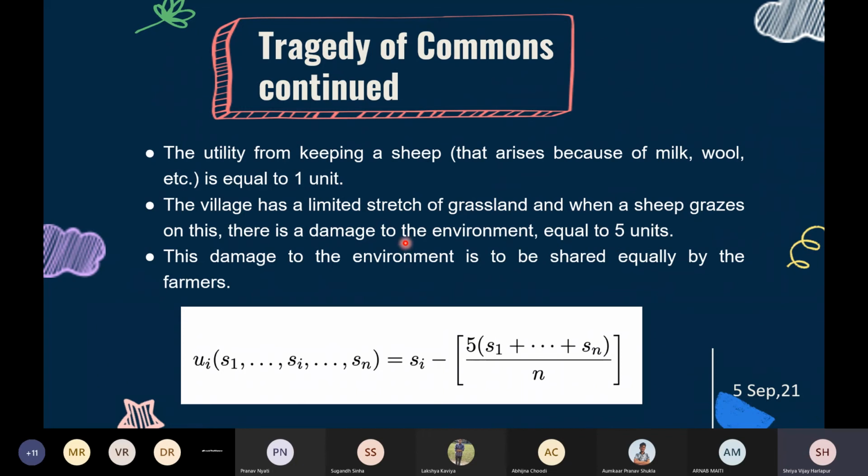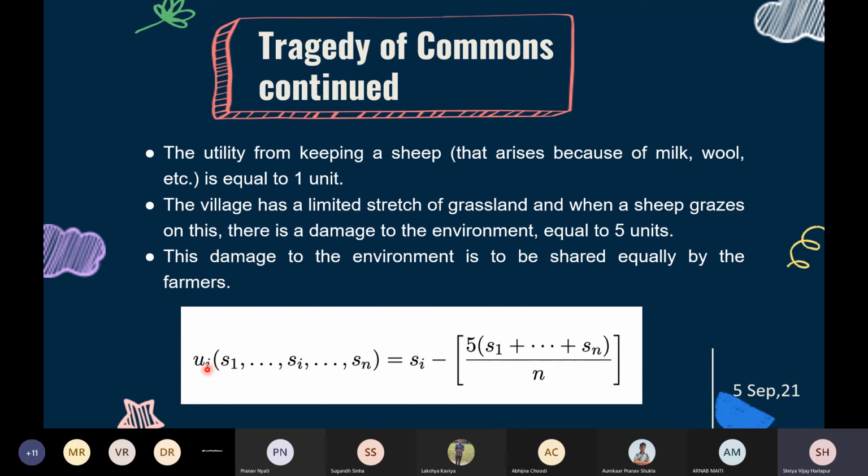There's all that soil erosion stuff that we studied in EVS and geography. And so that gives you -5 utility, which means you're losing 5 units of utility. And this damage to the environment is going to be shared equally by all the farmers. So now I've written the equation for that utility.